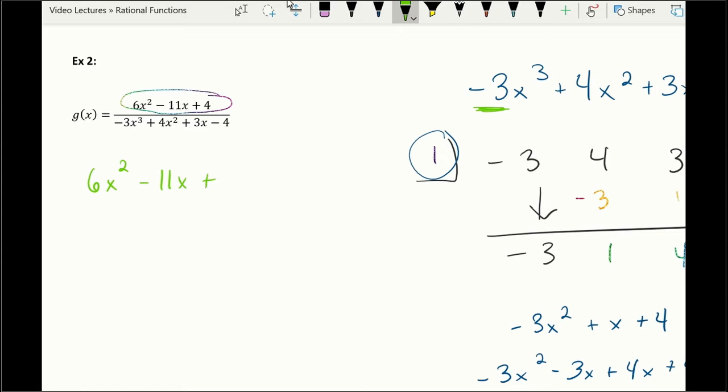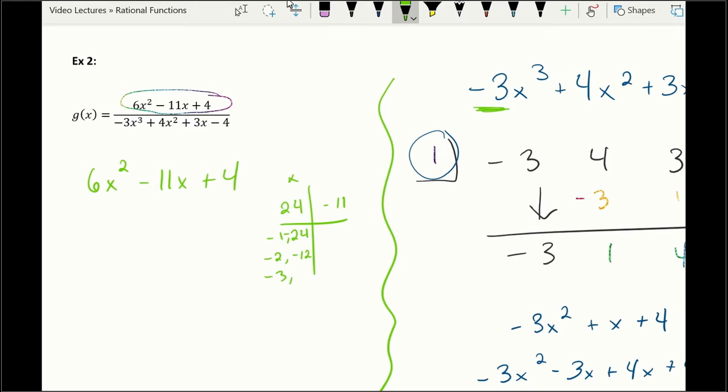Okay, so we're looking for 2 numbers that multiply to be 24, add to be -11, so we know they're both negative. Oh, and we see here that -3, -8 works.